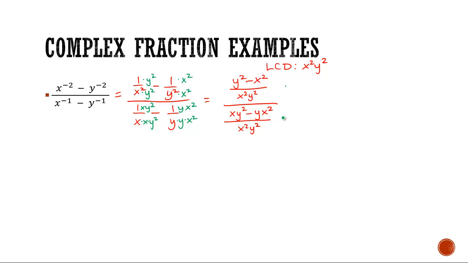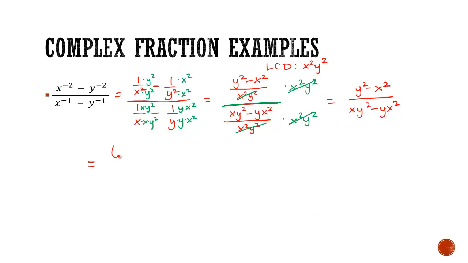So we can multiply numerator and denominator of the big fraction by x squared y squared and eliminate our denominators, leaving us with y squared minus x squared over xy squared minus yx squared. So now we need to simplify that.